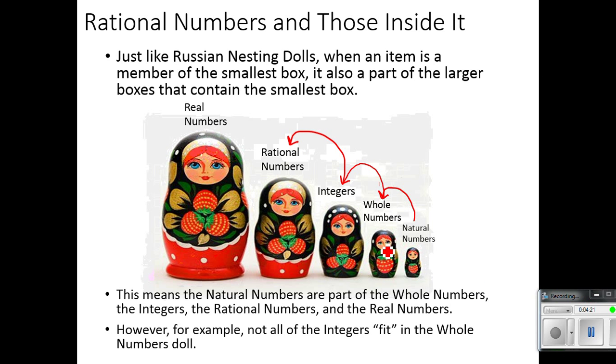Each smaller doll is a part of the bigger one. But the integers doll would not fit into the whole numbers doll, because it is too large. So it doesn't go backwards, and only goes from the smallest up to the largest. That's how you need to think about it when you're looking at these numbers.